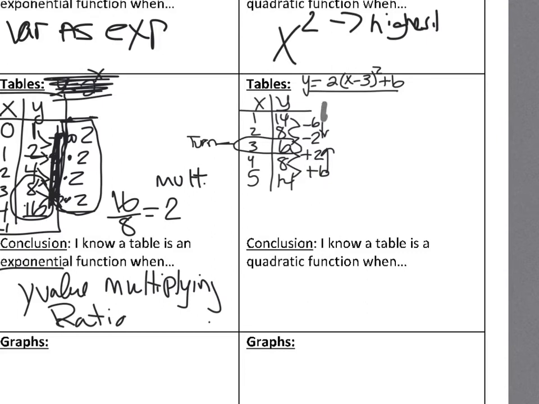We got one more thing just to verify this. Look at going from -6 to -2. What did you have to do to -6 to make it -2? If I added 4, -6 plus 4 is -2. If I say -2 plus 4, that'll give me 2. If I say 2 plus 4, that'll give me 6, right?